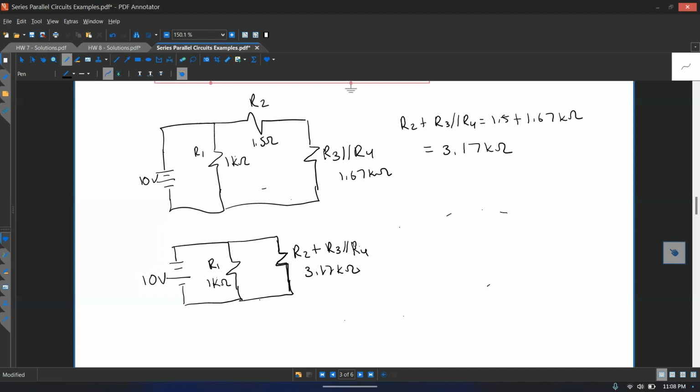Our total is going to equal 1 over R1, plus 1 over R2 plus R3 parallel R4, which equals 1 over R1 with 1 kilo ohm plus 1 over 3.17.